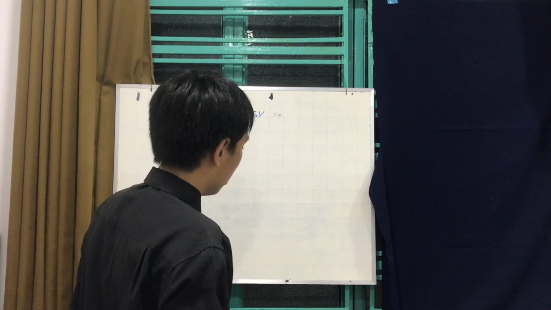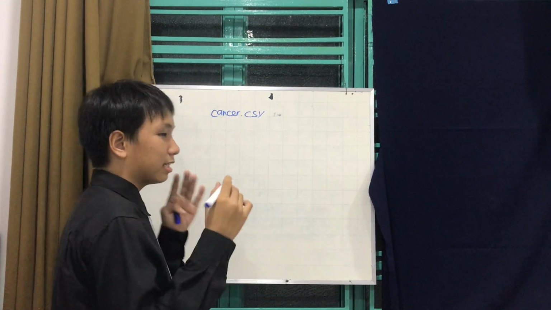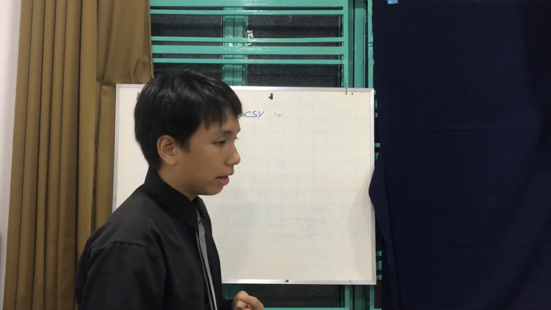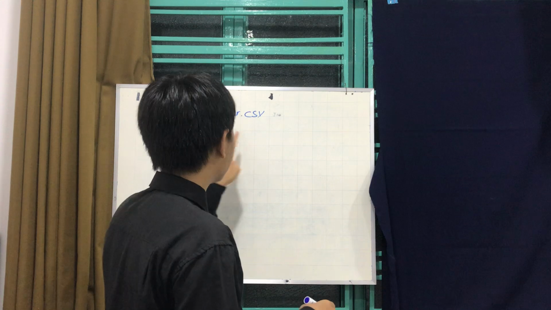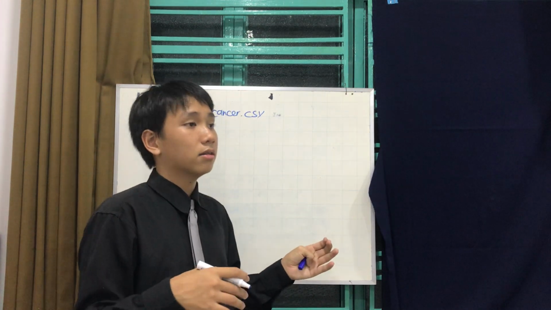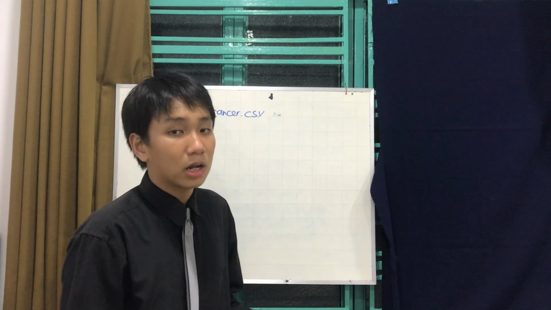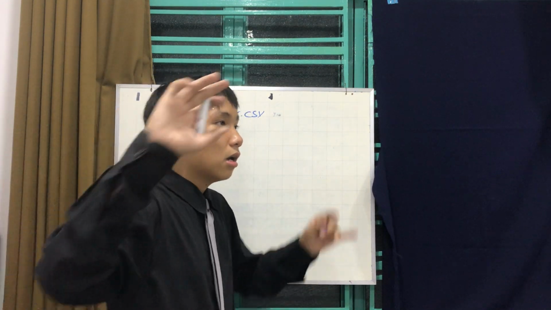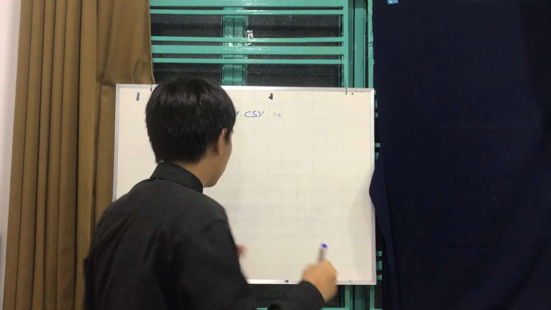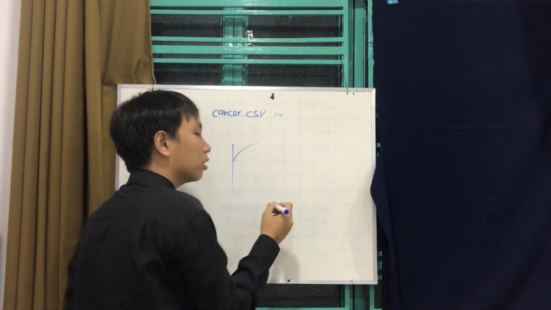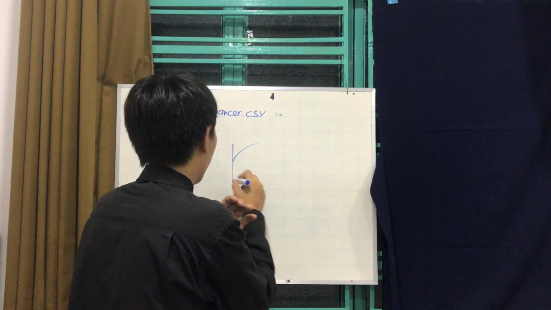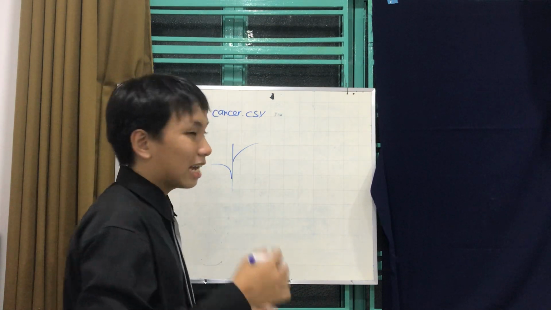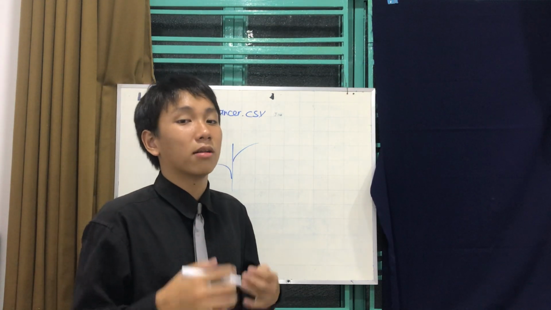So imagine it like this. You want to add something new to your cancer.csv file, and then someone wants to add to it too. With branching and merging, you can just branch out and make your own version of the file, and someone else branches out and makes their own version of the file, because everyone has different data, right?